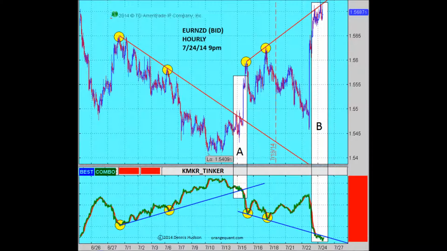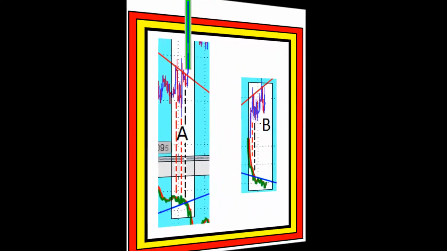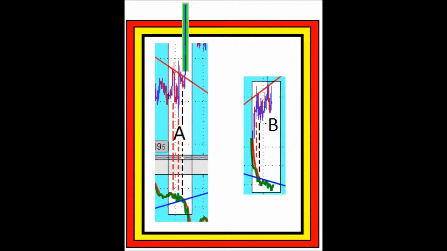Here we are, coming right up just about now. Okay, notice in box A, I marked the two breakouts above the chart trend line with broken red lines. I marked the Kingmaker Tinker signal with a broken black line. If you jumped in long based on either of the chart trend line breakouts, the penalty for you was a 25 to 30 pip loss.